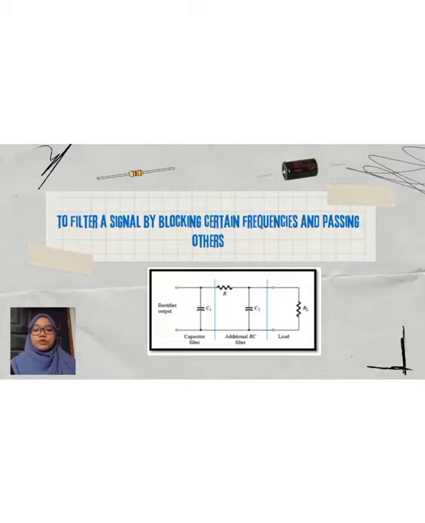The general purpose of an RC circuit is to filter a signal by blocking or reducing certain frequencies and passing the other frequencies. So, the purpose of the added RC filter is to pass most of the direct current component while blocking or reducing as much as possible the alternating current component.